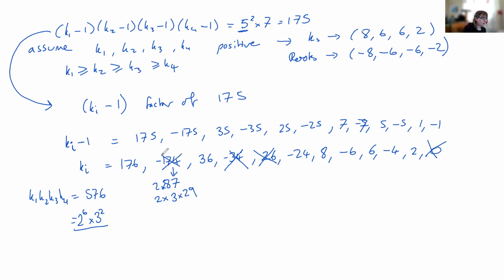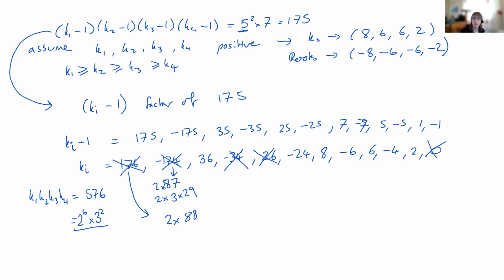So we can eliminate that one. And 176 we can eliminate because 176 is the same as 2 times 88, and that's going to have a factor of 11 in it. Okay, so we can eliminate that many to begin with.